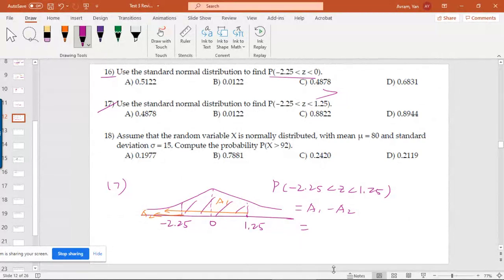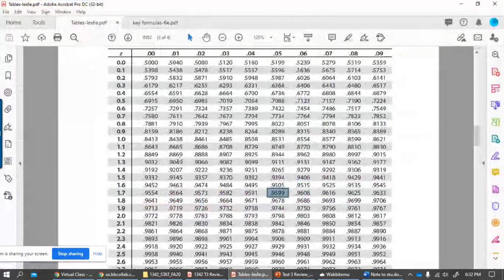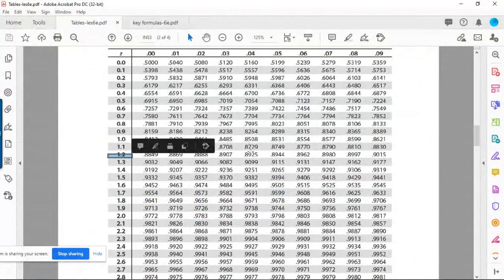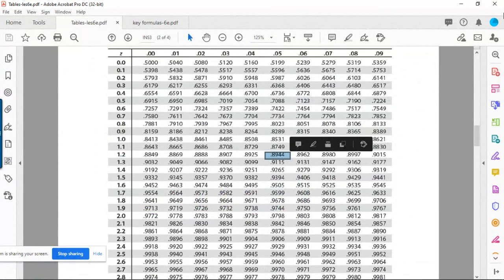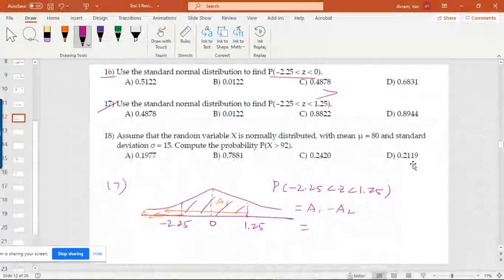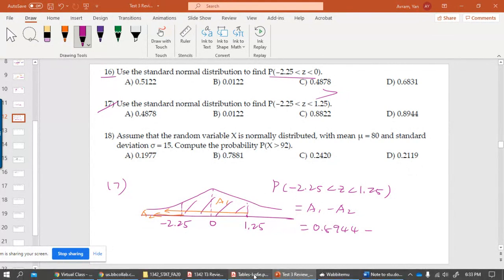So if we go to read the 1.25, it gives you 0.8944 minus the negative 2.25.